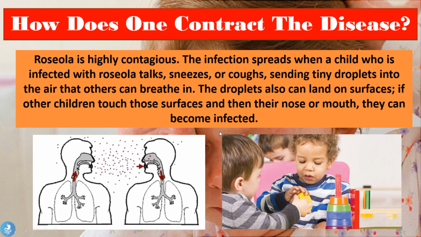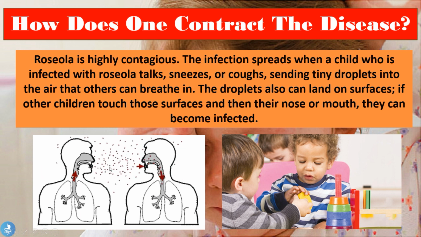As we can see in this little video playing at the bottom of my screen, the disease spreads in a very easy way. When an infected individual talks, sneezes, or coughs, these viral particles are sent into the air and can be easily breathed in by someone who is uninfected, thereby infecting them.